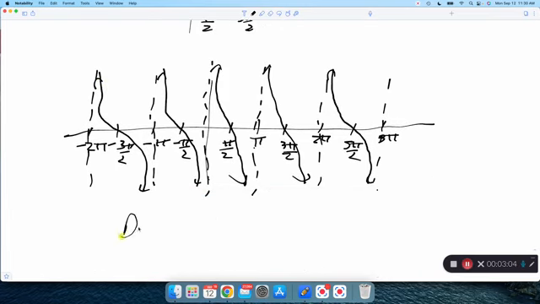So the domain. Remember, anytime we're talking about a function, the first thing we want to say is, are we even allowed to use this function? What numbers am I allowed to plug in? The domain, the set of all allowed inputs.